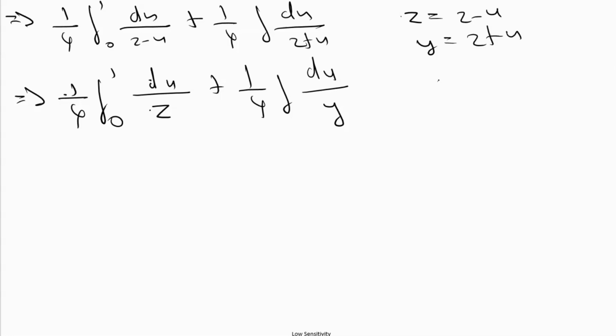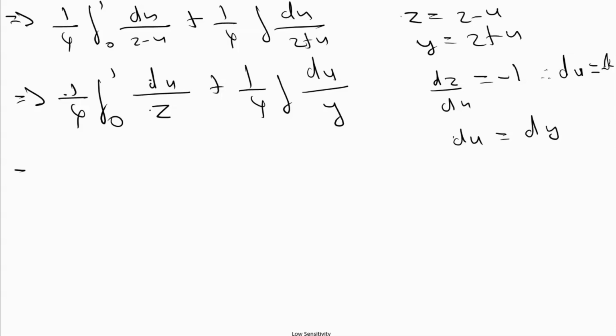But we know that dz/du for the first one is -1, therefore du equals negative dz. And we can do the same here. For the second one, du equals dy.